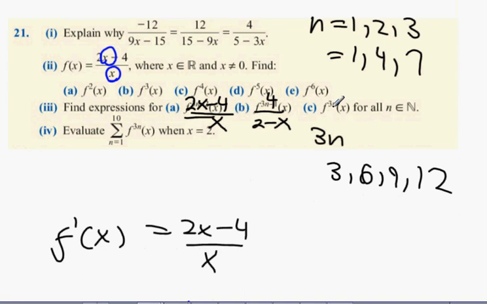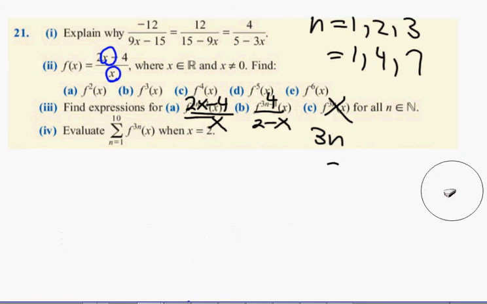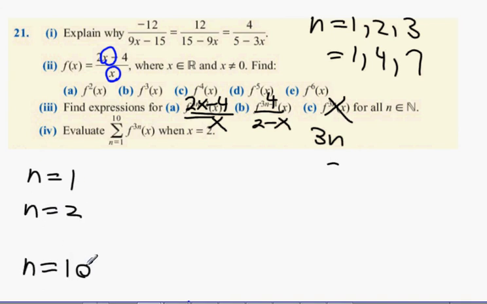Finally, last part. Evaluate the sum of f of 3n x when x equals 2. Okay, so here's what we do here. N equals 10. So n equals 1, n equals 2, all the way down to n equals 10. Okay, what does 3n represent then? 3, 6, all the way down to 30.